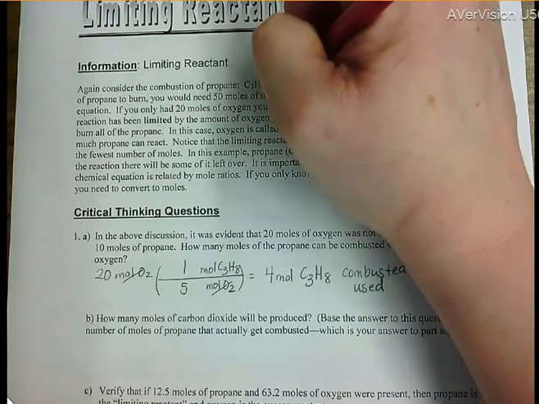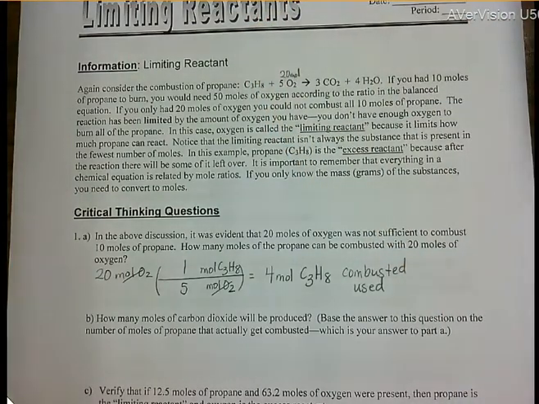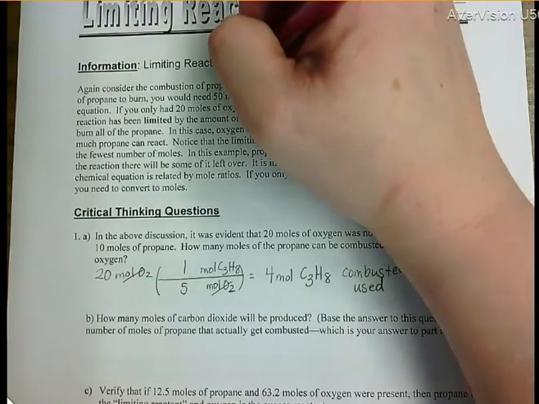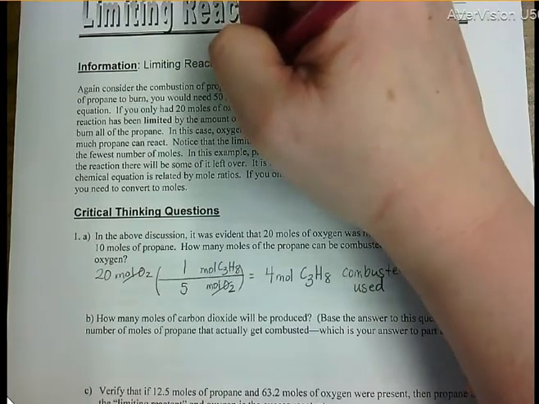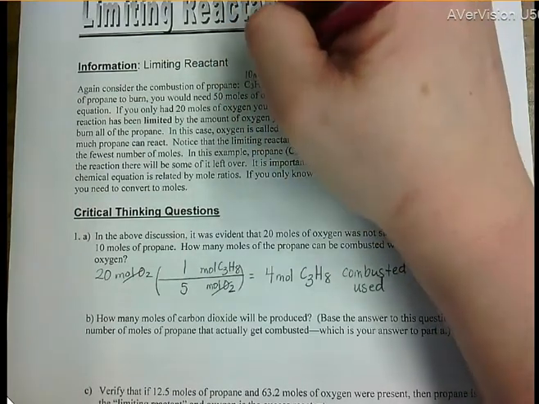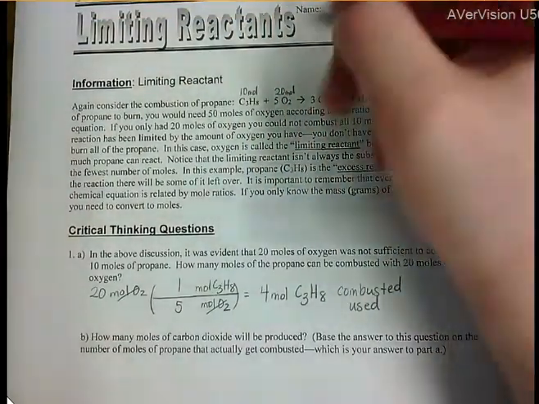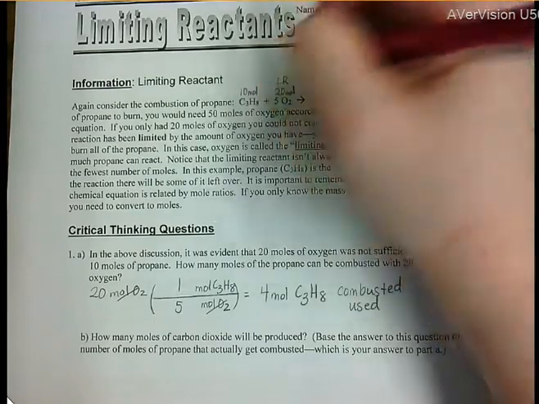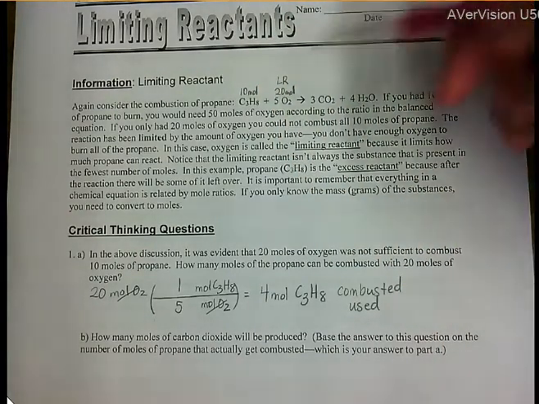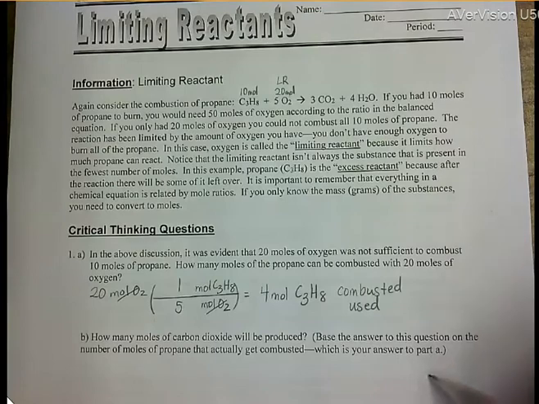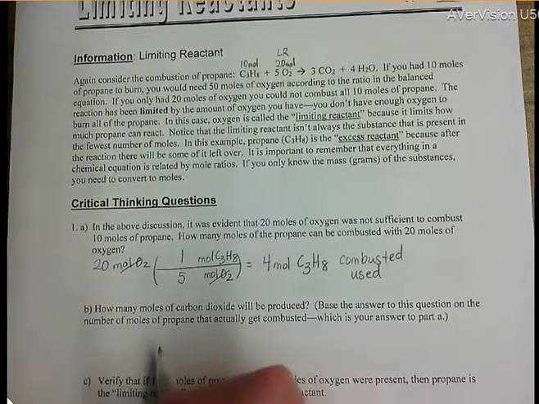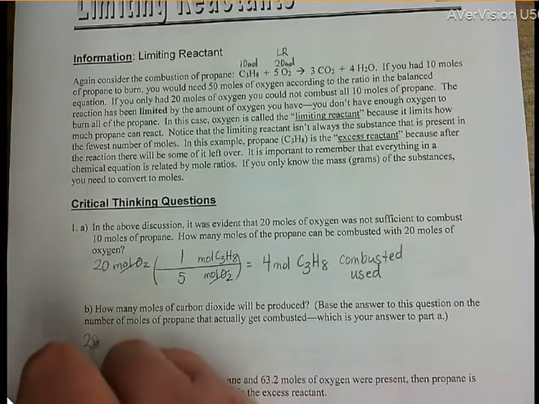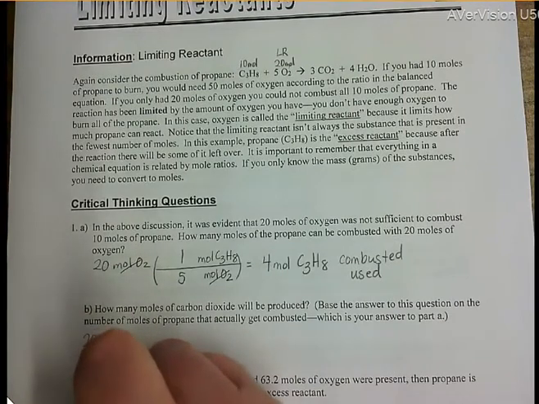So we had 20 moles of oxygen, and we had 10 moles of propane. And we determined that the oxygen was the limiting reagent. So we should use our limiting reagent to figure out how many moles of carbon dioxide will be produced. Okay. So 20 moles of oxygen.